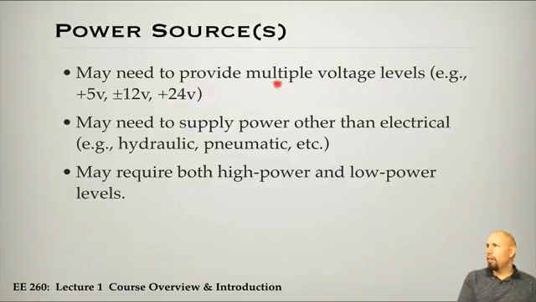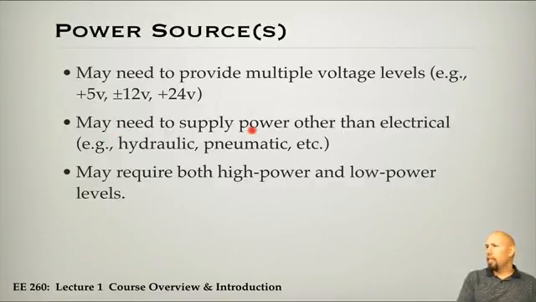So you may require multiple voltage levels. For example, if you look inside of a PC, you have a power supply with several different voltages available, because the hard drive needs one kind of power, the fan requires a different power, and so forth.